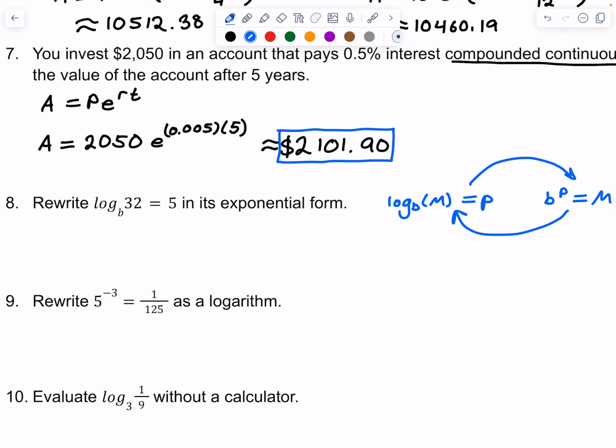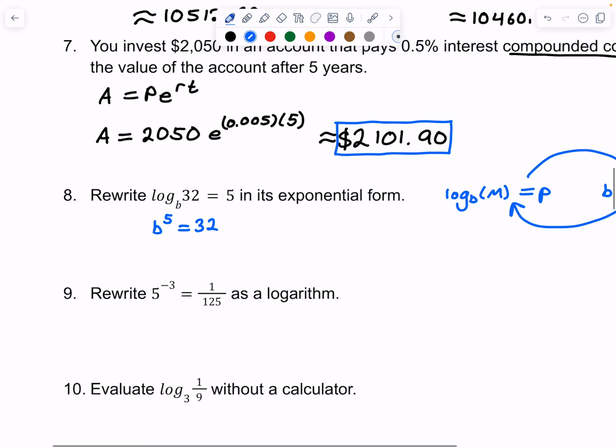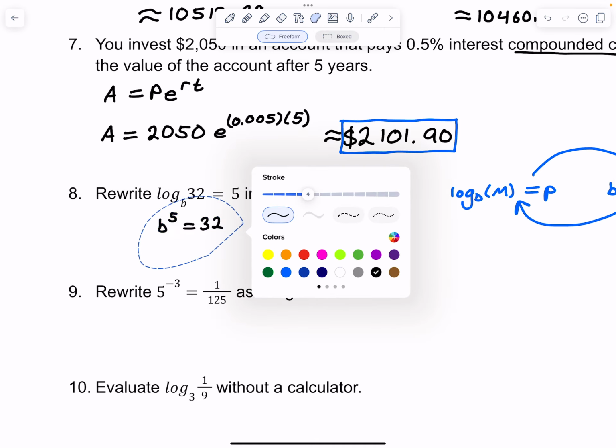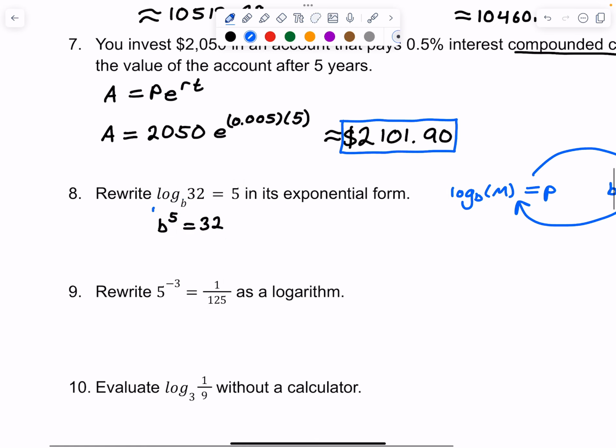We're just going to write it as an exponential. So the base is still going to be b. P is whatever it's equal to, so that's 5. And then m is what's inside the parentheses or what's inside the log, which in this case is going to be 32. It doesn't ask us to solve it or anything. It literally just says rewrite it. So I'm going to change this to the right color and then put a box around it because that's our answer.